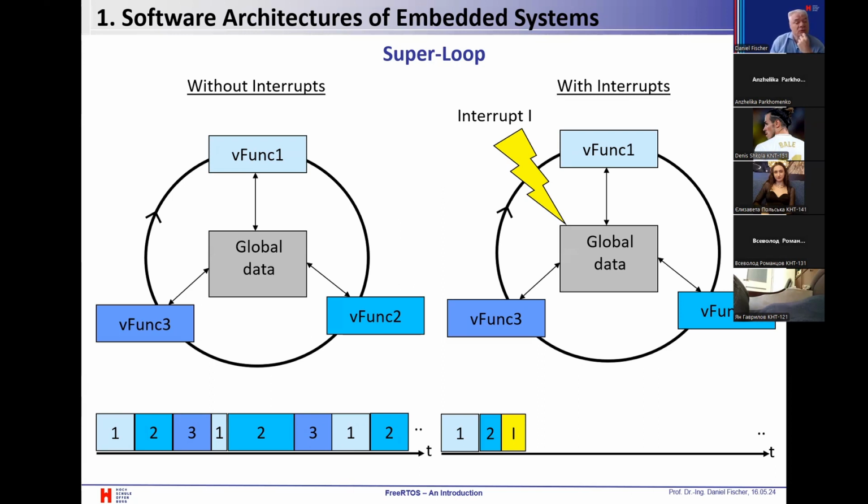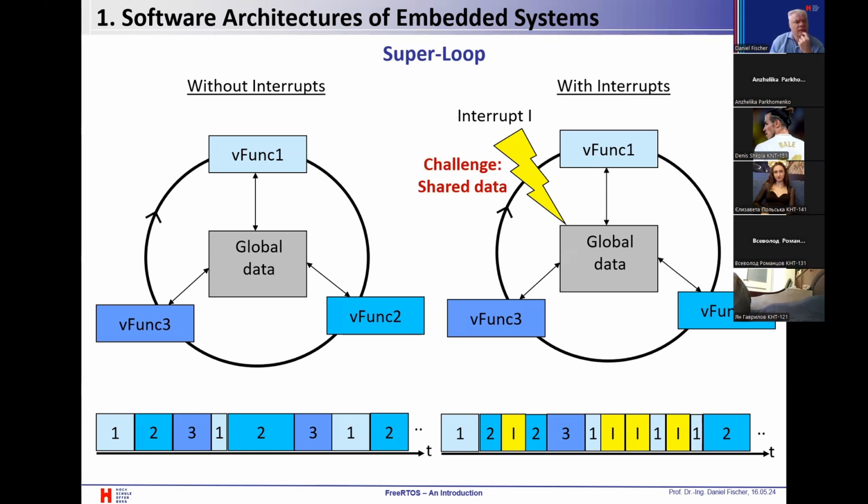And now you can see first the interrupt is executed and then function 2 is ending and so on. You can also see what can happen: 2 interrupts can be executed and so on. Okay, this is the second architecture.